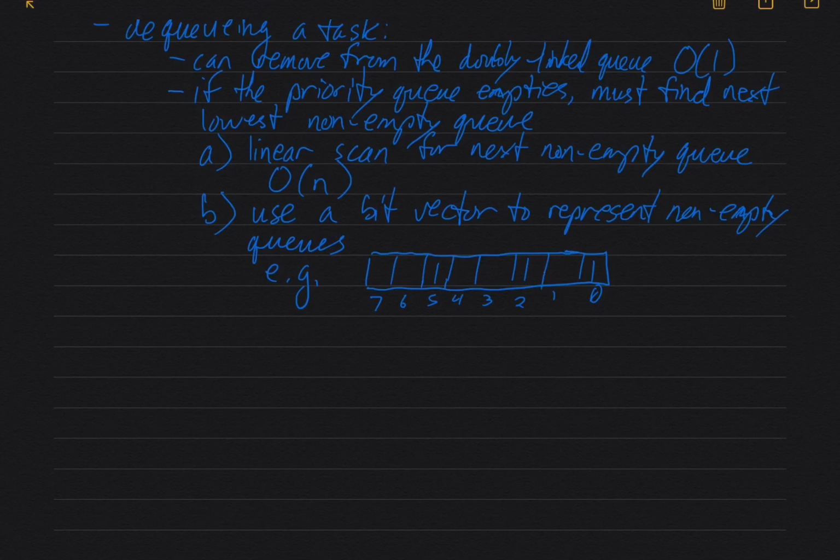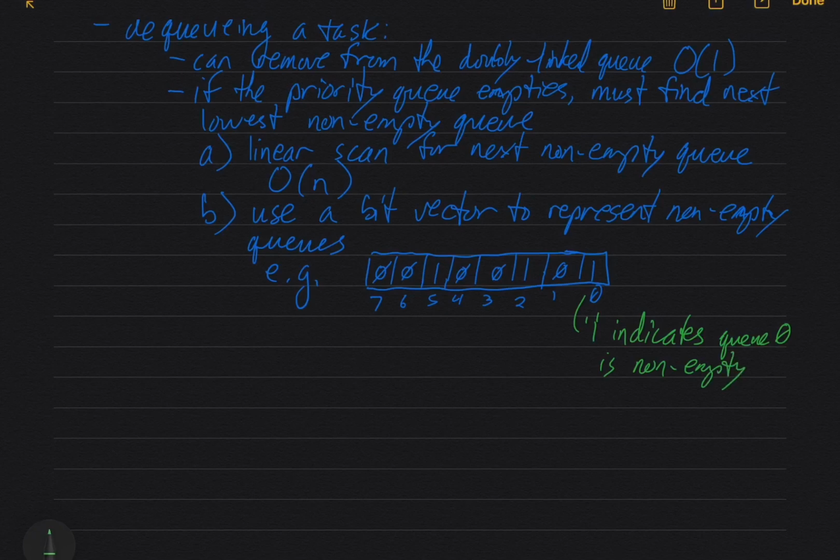And the others are empty, so they'll have zeros. So a 1 indicates that Q0 is non-empty. So how does that help us?